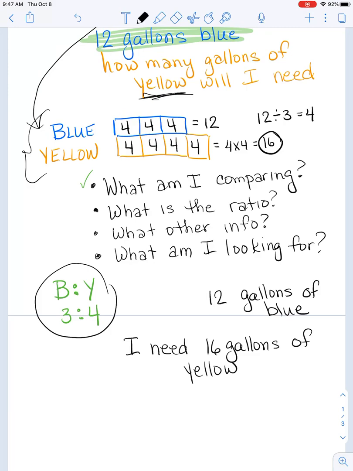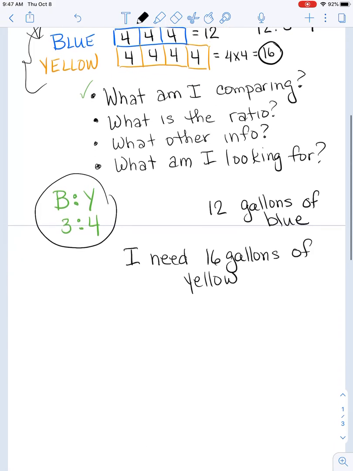What if I had the same ratio? Okay, so blue to yellow, and it's 3 to 4. And so I know, again, what I'm comparing. I'm still making the same paint. What is the ratio? 3 to 4. What's the other information?